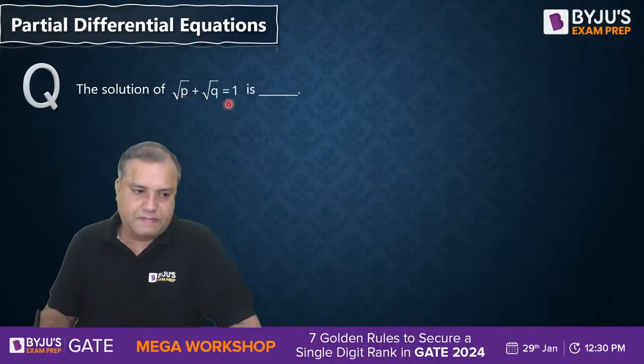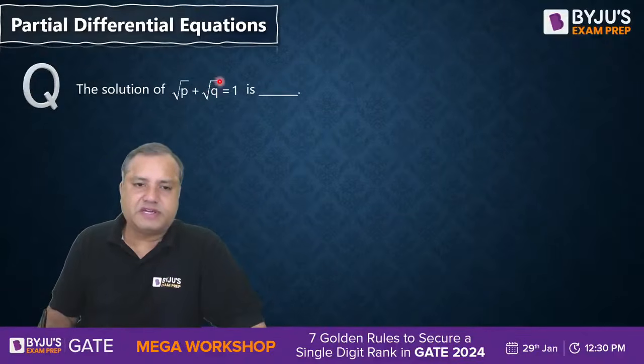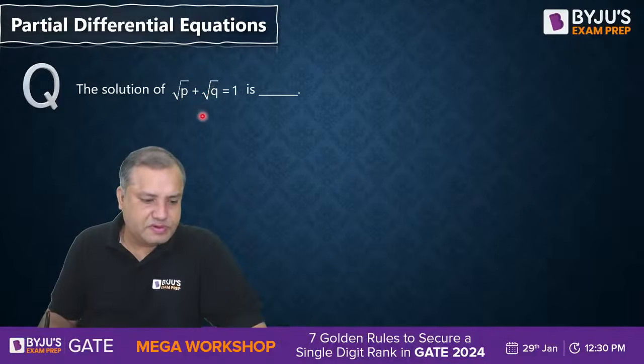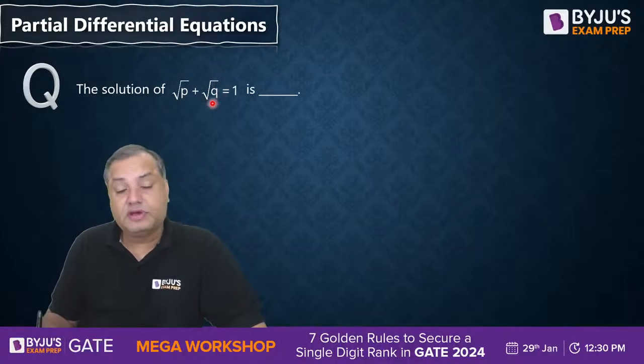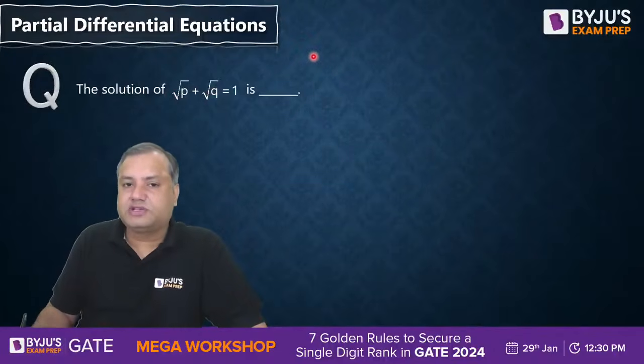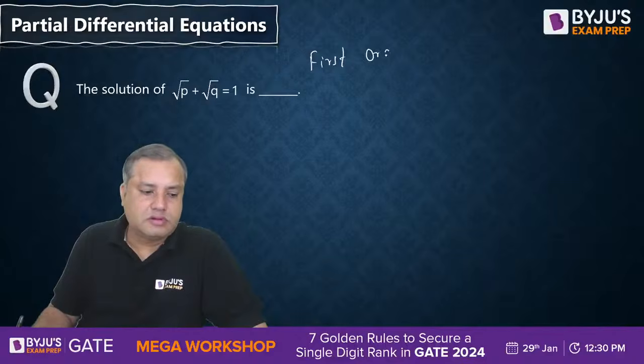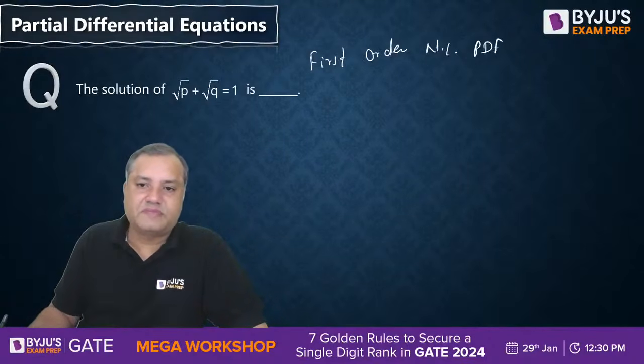Now see here. In this equation, P and Q are present, so this is first order. But P and Q appear in a degree other than 1, so this is a first order non-linear PDE.